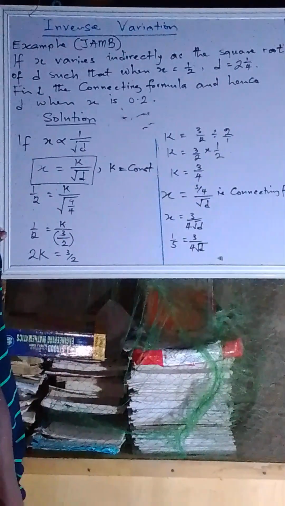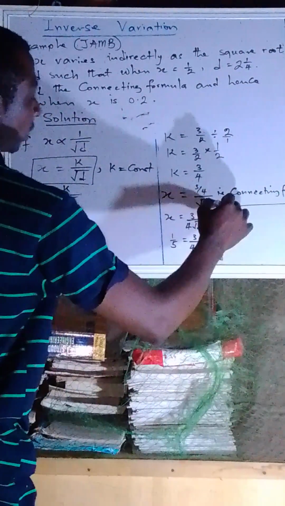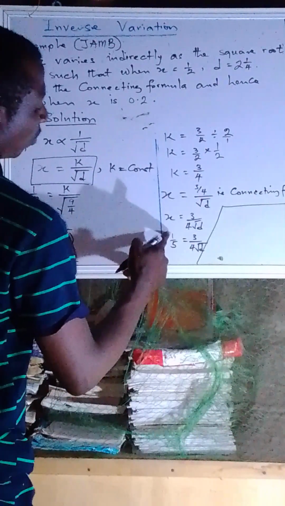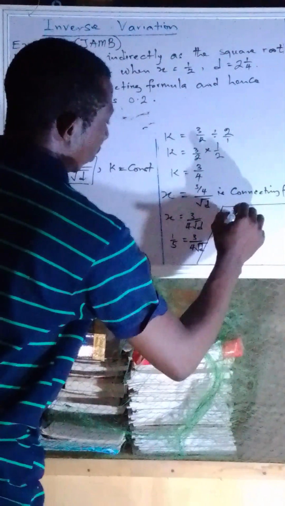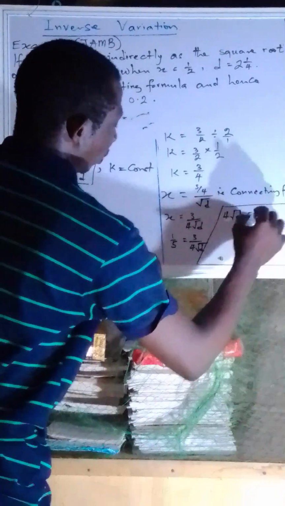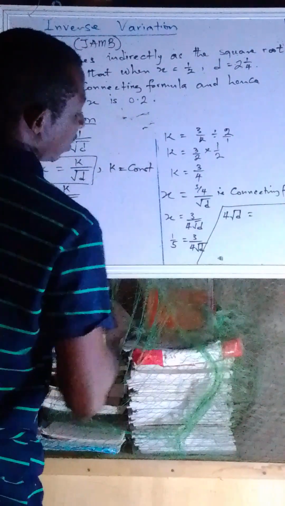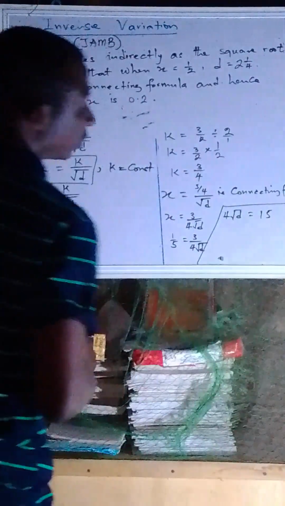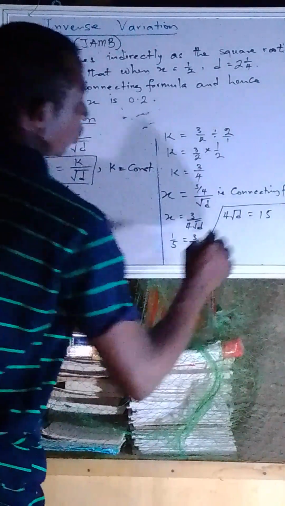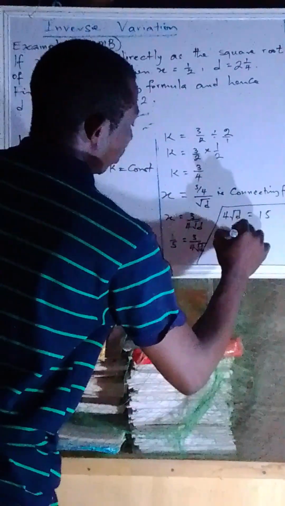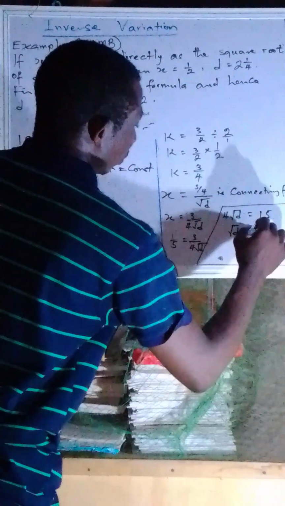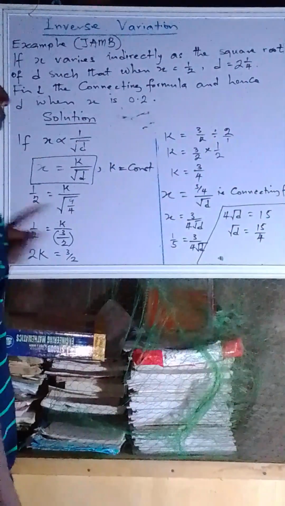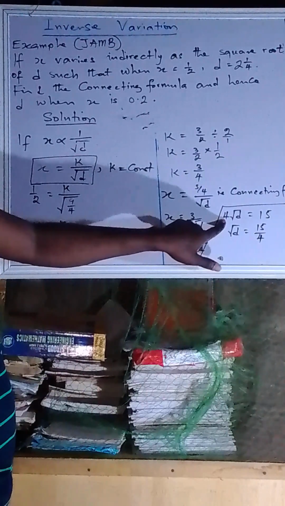From here I will cross multiply. I will have 4 square root of d equals 3 times 5, or 5 times 3, that gives you 15. So we have square root of d equals 15 over 4 when you divide both sides by 4.